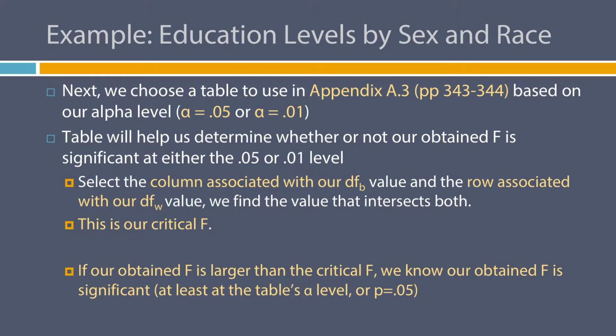We know that because this table reports the level that we have to reach to be significant, and this table says that we're at the 0.05 level. So if our F is larger than 3.2, it's significant at least at the 0.05 level, because this is the table for alpha equals 0.05.